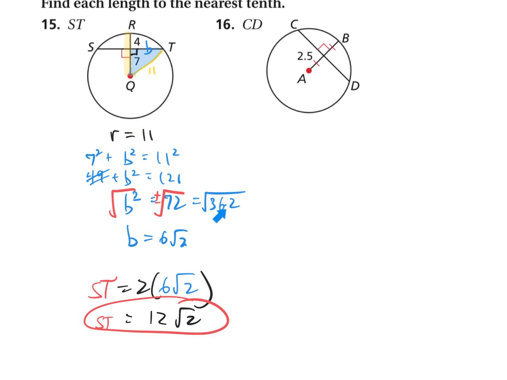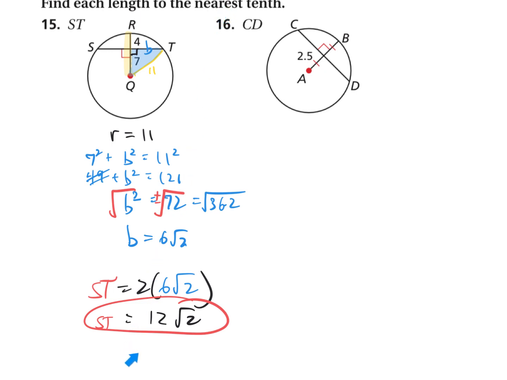Alright, let's take a look at number 16. But before I do, if we read the instructions, they actually ask for the length to the nearest tenth. So we'll have to put this in our calculator and get the answer to the nearest tenth, if we're following the instructions anyway. This is exact. The exact answer is 12 root 2. If we put this in our calculator, we'll get the length to the nearest tenth, and that will be an approximation.